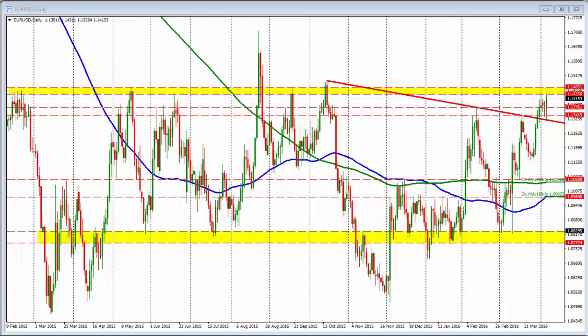So overall, compared to the unemployment report, we're still looking at the same type of technical levels. On the top side, a break above the 114.65 level is more bullish. On the downside, a break below the 113.23, 25 level would be more bearish for this currency pair.